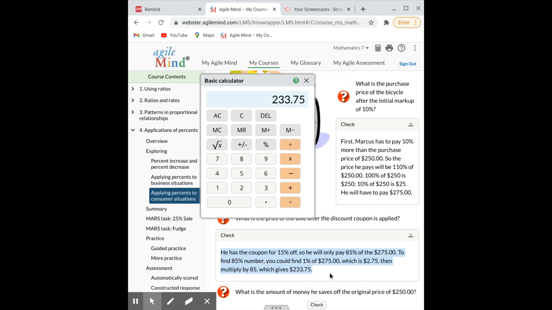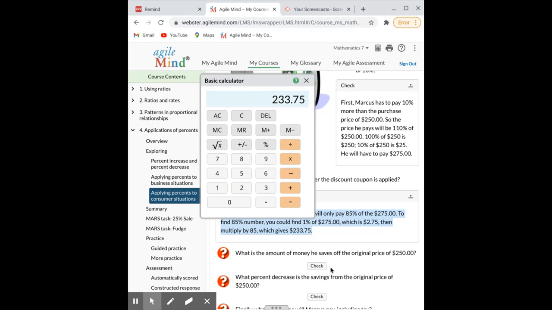Okay. All right. Our next problem says, what is the amount of money he saves off the original price of $250? So, Landon, if it originally cost $250 and now it costs $233.75, what is the amount of money he's saving? How would you find that?